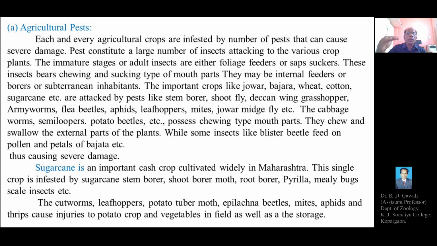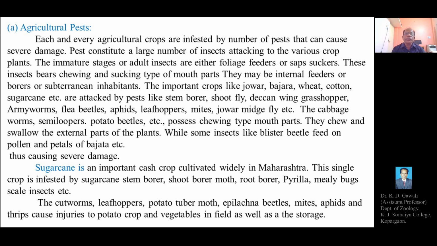So there are different types of pests, and the different stages of the pest may be larva or nymph or adult. Most of the stages of the insect life cycle attack the different parts of the crop plants and cause their loss.